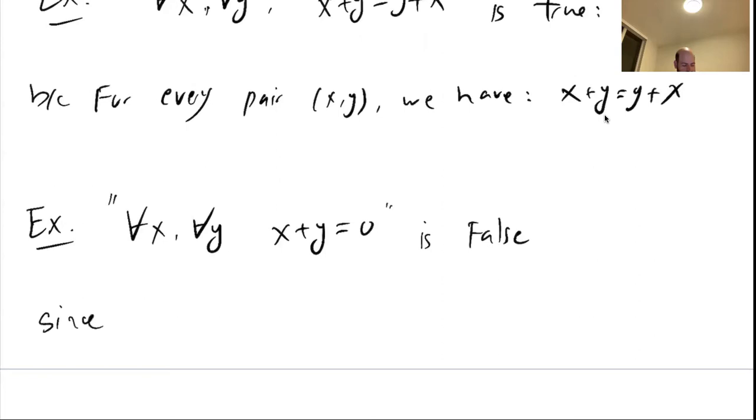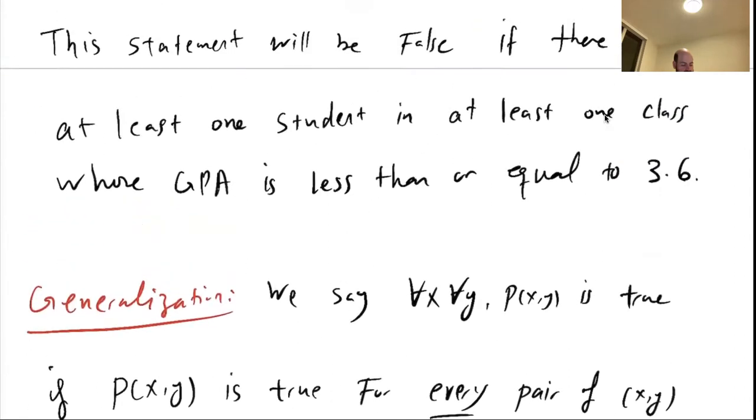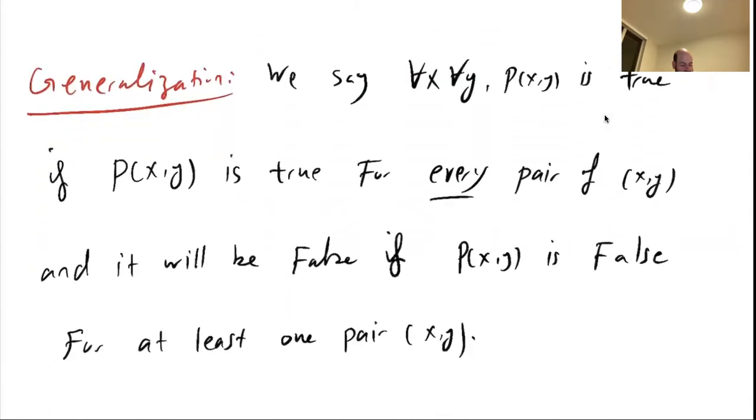Since, for example, 2 plus 5 is not equal to 0. So remember, we said that this statement, for each x, for each y, will be false if P of x and y is false for at least one pair x and y.